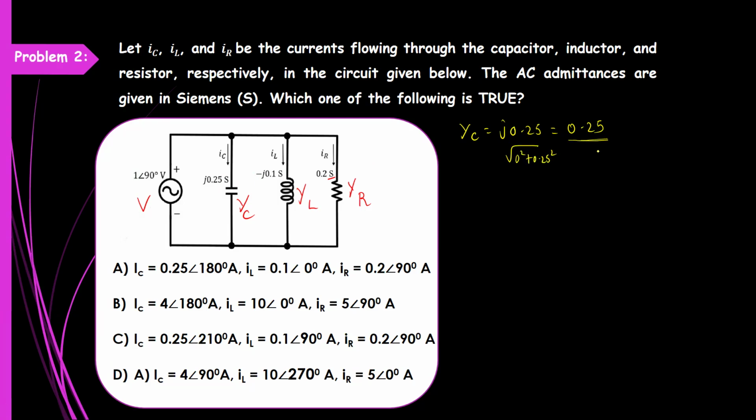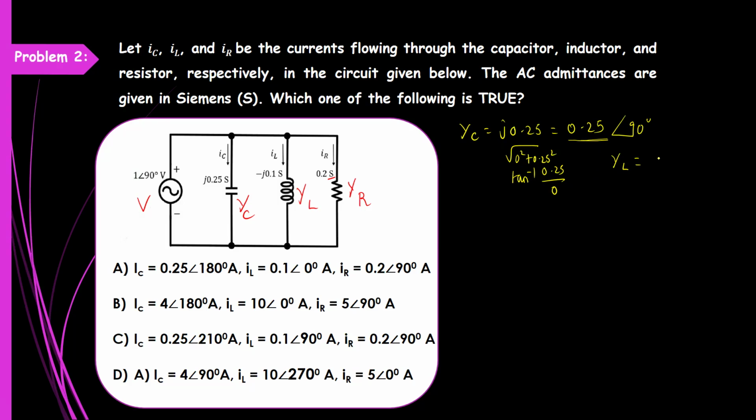When we want to find the angle, it is tan inverse of B by A. B is the imaginary part, so 0.25 by 0. Tan inverse of anything by 0 is tan inverse infinity, which we know is an angle of 90 degrees. So we converted YC into polar form. Like that we can convert the others also.